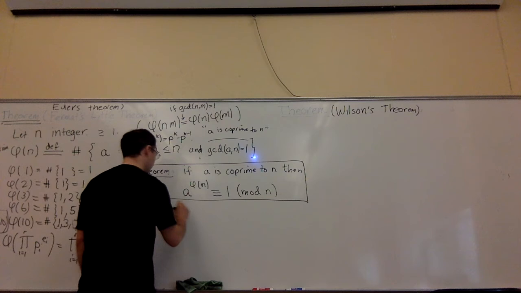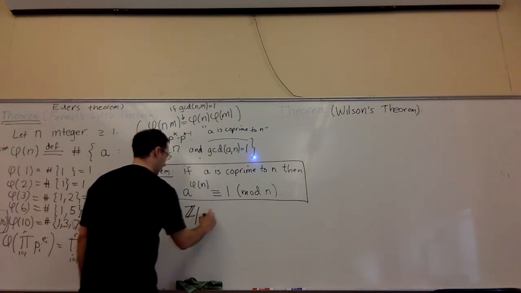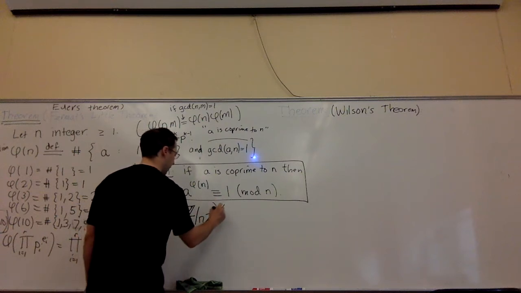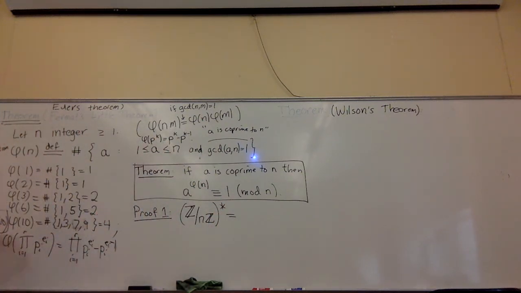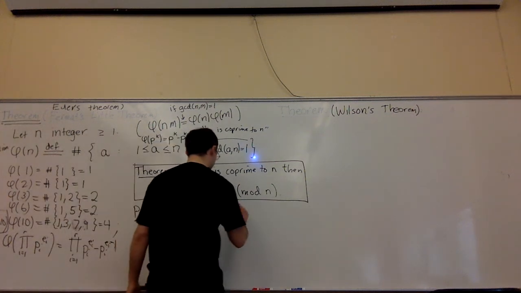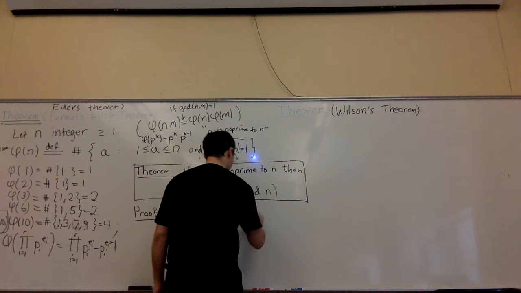Here's what we'll do. There is a group here, called Z mod nZ star. This is the set of numbers modulo n that are coprime to n, or equivalence classes of such things. So I'll write that very explicitly.